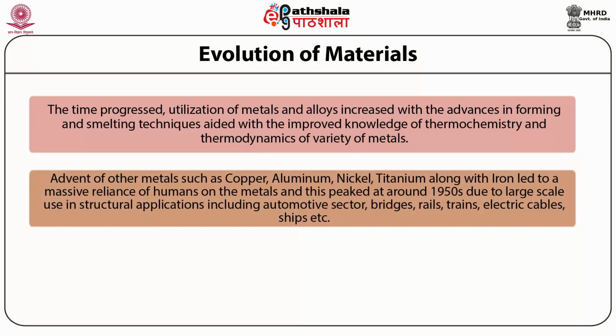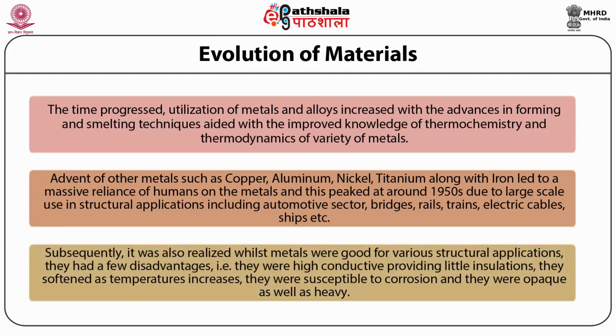Advent of other metals such as copper, aluminium, nickel, titanium, along with iron, led to a massive reliance of humans on the metals, and this peaked at around the 1950s due to large-scale use in structural applications, including automotive sector, bridges, rails, trains, electric cables, ships, etc.